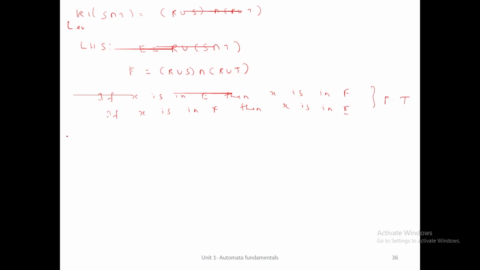So consider the if part, that is, if the element is in E. What is your E? E is R union (S intersection T).